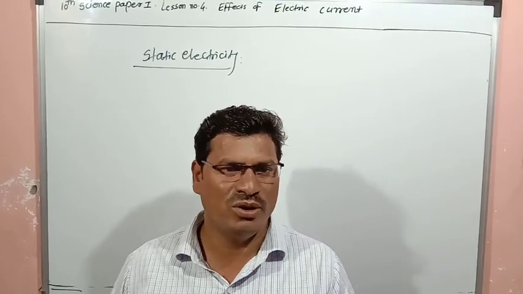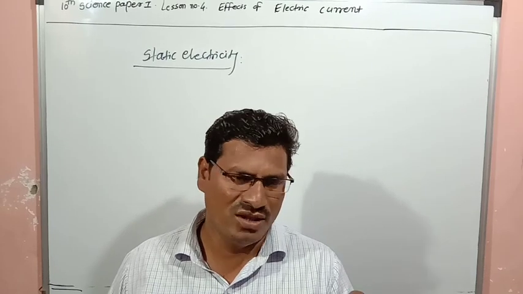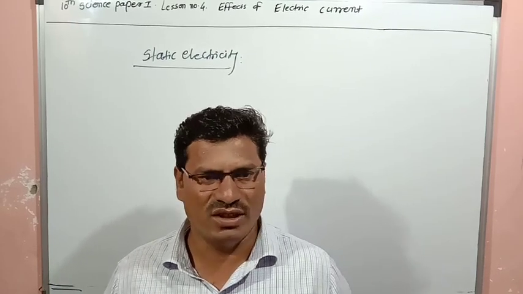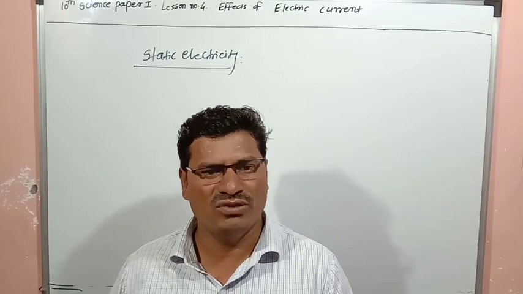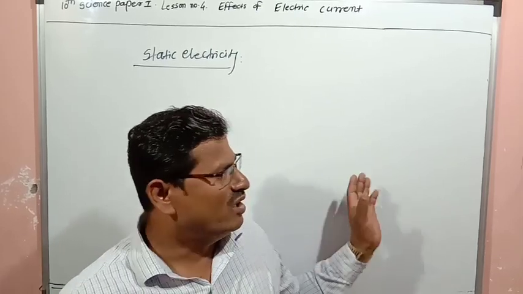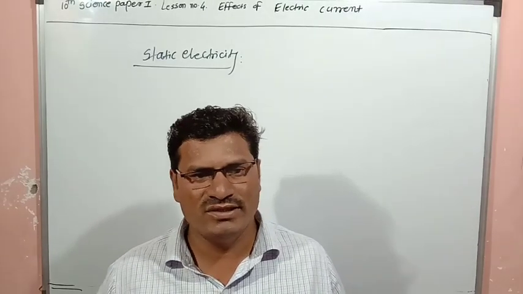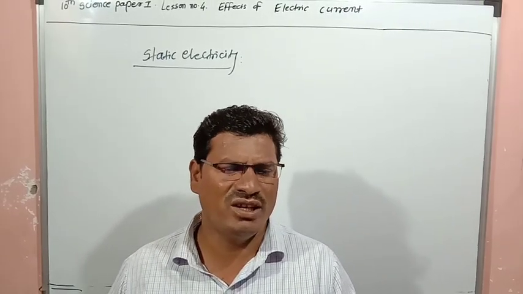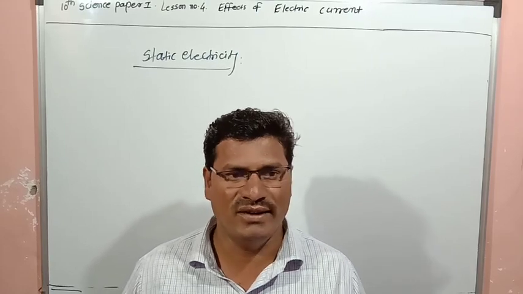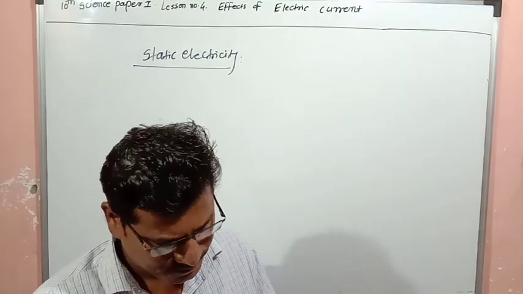There is a force of attraction between a charged and an uncharged object, and that electricity stored at one place, existing between charged and uncharged objects, is called static electricity.